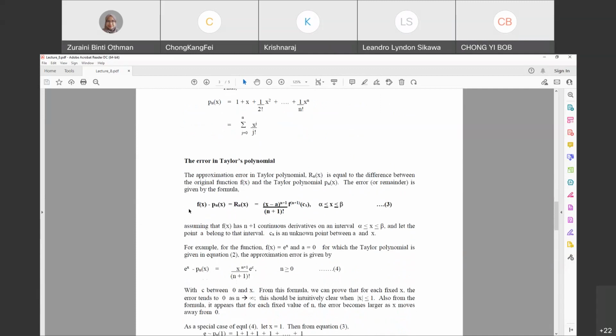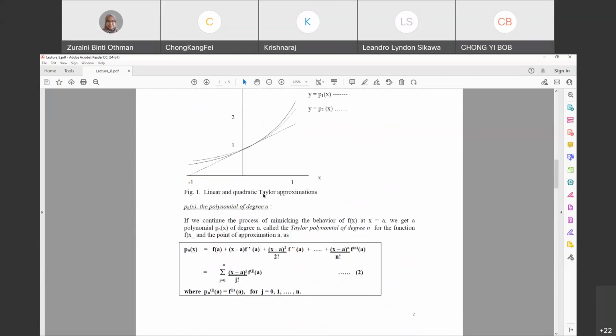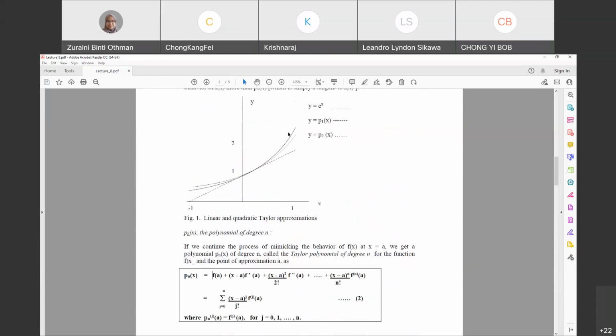Okay, contohnya, yang ni f(x) tolak Pn(x) bermaksud kalau kita lukis dia punya graf, sorry saya kejap naik turun macam ni. Okay, bila kita lukis dia punya graf, ini ralat, ini nilai sebenar, tolak dengan Pn yang kita cari menggunakan Taylor polynomial just now.